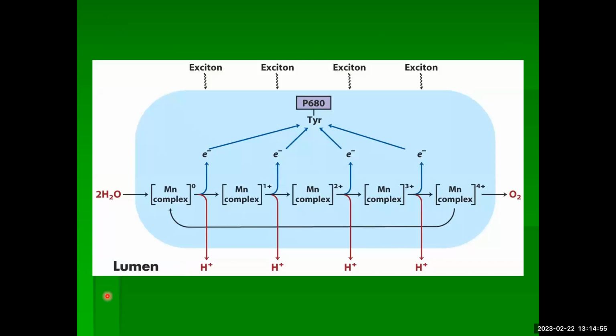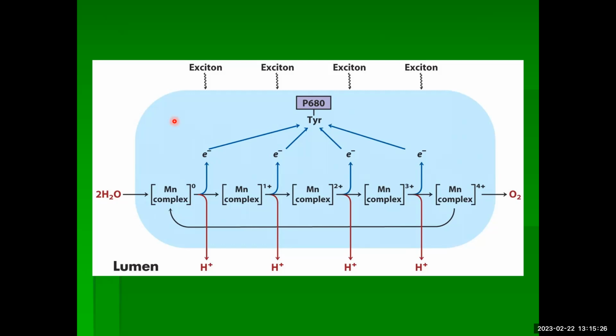So the manganese complex goes from completely neutral oxidation state to a +1, to a +2, to a +3, to a +4, and then back to 0 again. So it seems to withdraw electrons from water to the tyrosine.